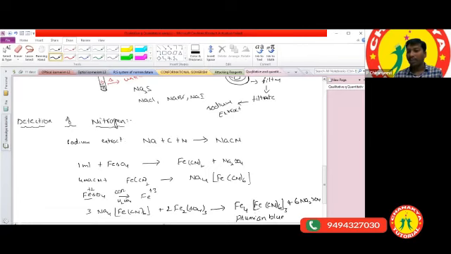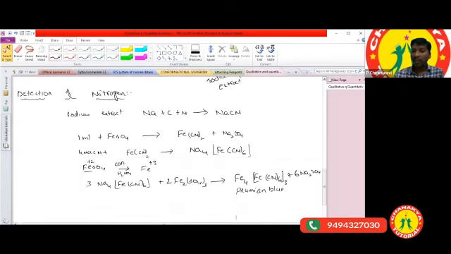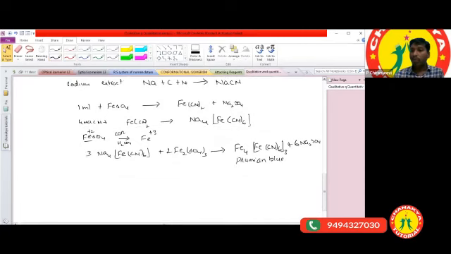Based on this, sometimes they ask a question also. What is the question they ask here? What is the IUPAC name of the Prussian blue compound? All these concepts you will get in coordination compounds.